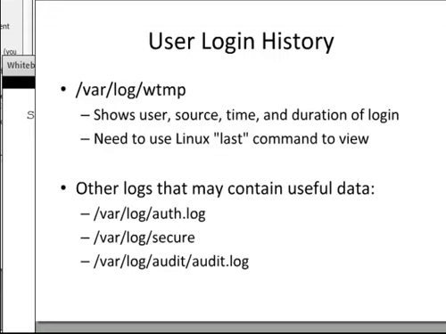Getting a list of who's logged into the system. The canonical place where that's stored in Linux systems is this /var/log/wtmp file, which is one of the few files that you're going to run into in Linux that are actually binary and not textual data. Actually, I'll put the command up right now while I'm talking.